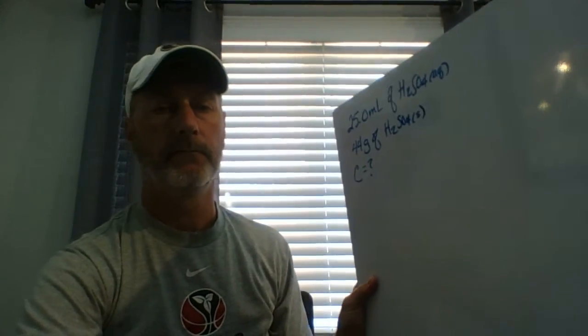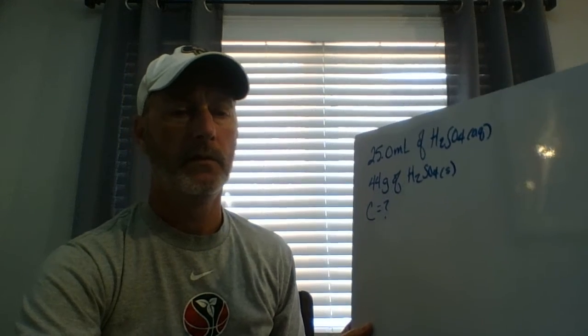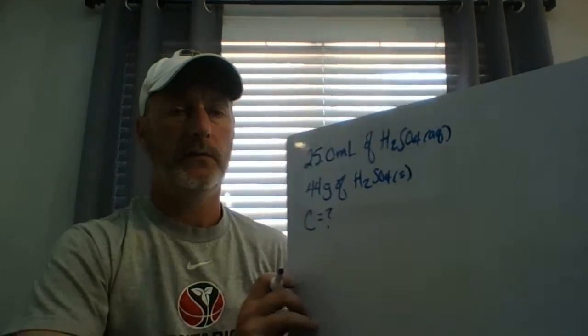We've got a 25 milliliter sample of H2SO4 (aq), and then we say that it has 44 grams of just H2SO4 solid. Okay, it wants to know the concentration. Okay, so here's what we're asking. All right, this is from our example.